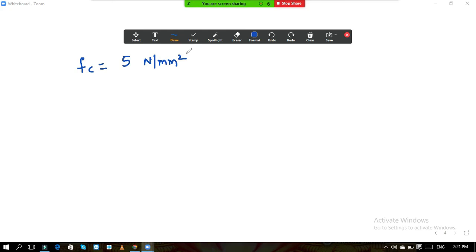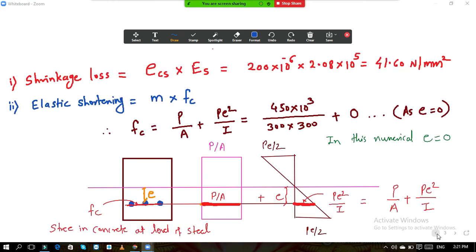This is the value of Fc. Now calculate the elastic shortening. Once you know the value of Fc, just put the value in this formula. This diagram is not necessary to draw in the examination. For your understanding purpose, that is why I have explained how this formula has come.